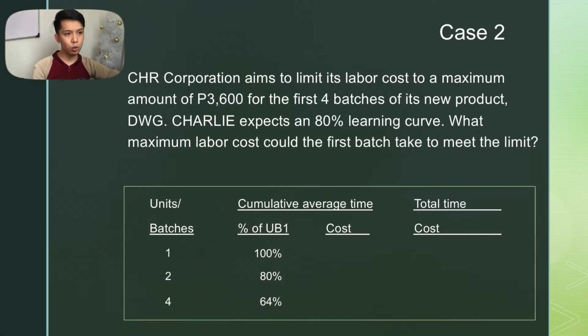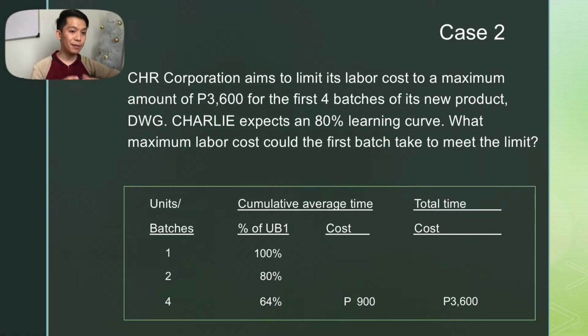Now, according to CHR Corporation's budget, the maximum amount of labor cost acceptable is 3,600. So the total labor cost should not be higher than 3,600. Should we want to know the average for the 4, 3,600 divided by 4, that's 900 pesos.